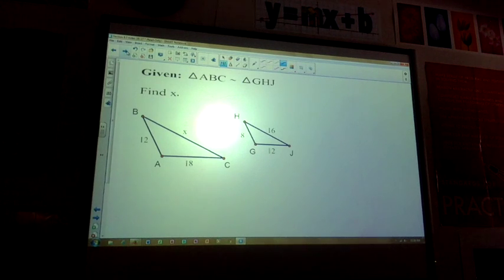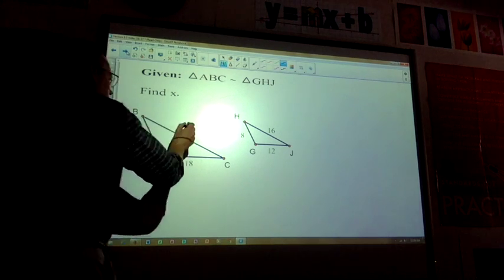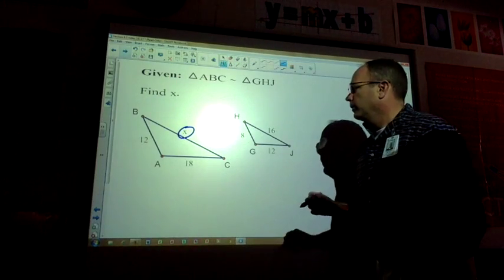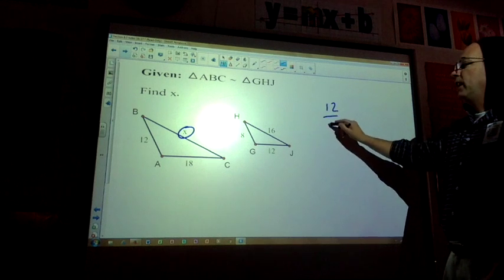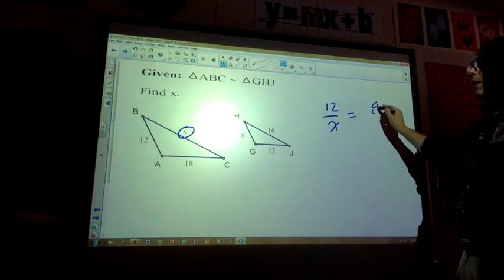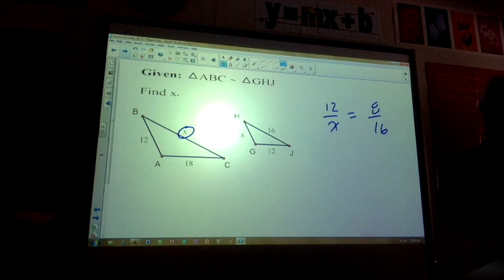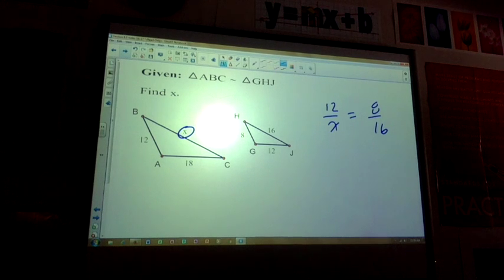Triangle ABC, GHJ. ABC, does it appear that they're in the right ratio? Find X. Okay, so could I go 12 to X equals 8 to 16? I set it up right?